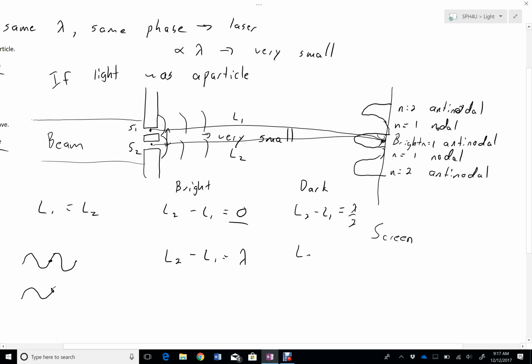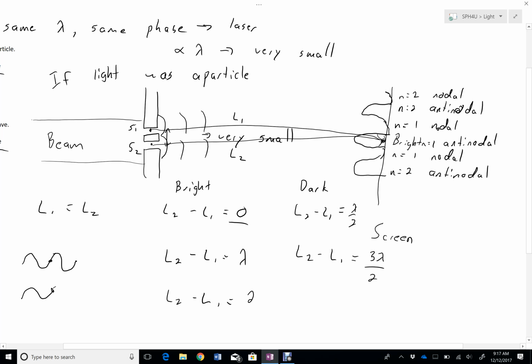And again, going further off on our screen, L2 minus L1, getting it to a point where the path length difference is 3/2 of a wavelength, we should get back out of phase with each other and have another dark spot, the n equals 2 nodal point. And then one more time, L2 minus L1.